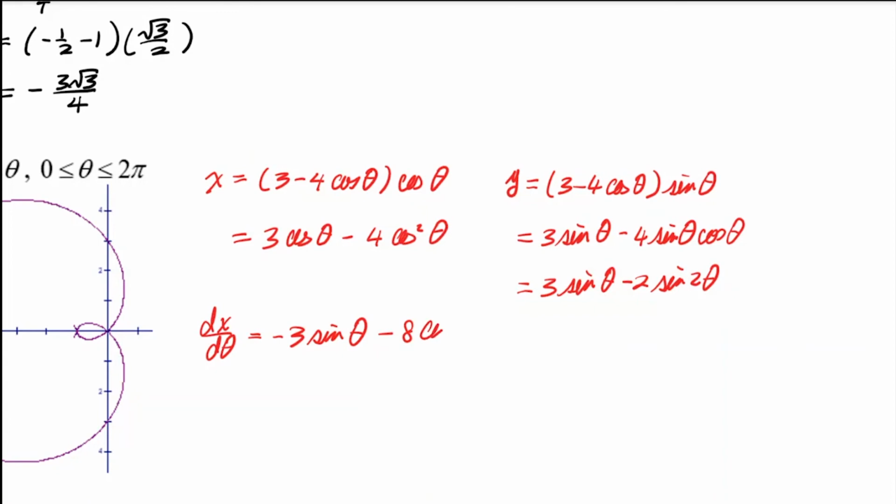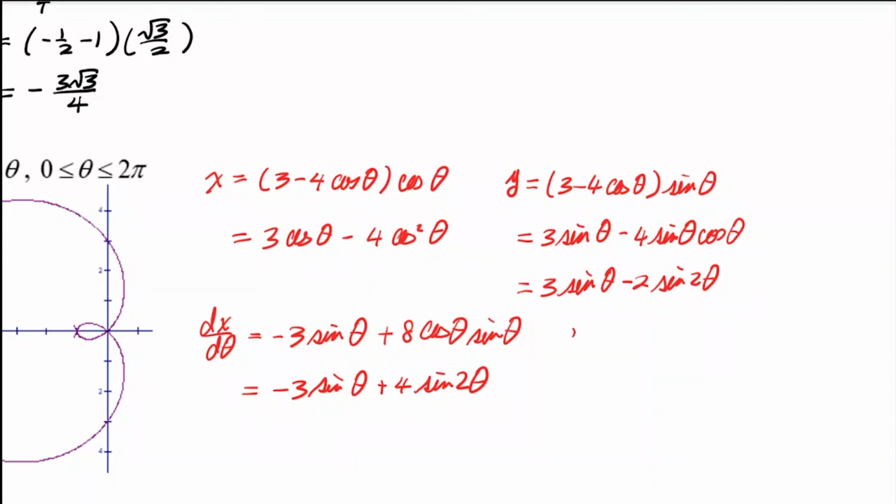And then cosine theta, chain rule, negative sine theta. Good. I'm going to convert this into negative 3 sine theta, and this will be 4 sine 2 theta. How about that? You with me?